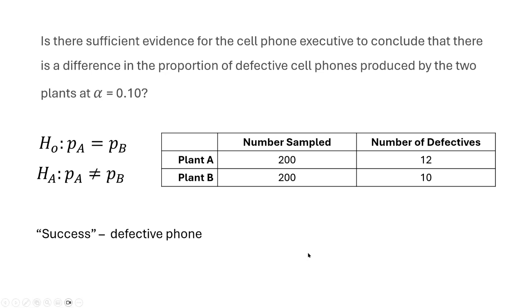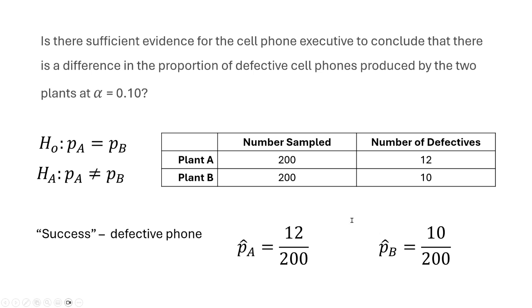So here are our sample proportions, just grabbing these numbers right out of the table for each of the plants. So 12 out of 200 for plant A and 10 out of 200 for plant B. So keeping all that in mind, let's head to Rguroo and see if we can get this information in there so it can do all the hard work and complicated calculations for us.